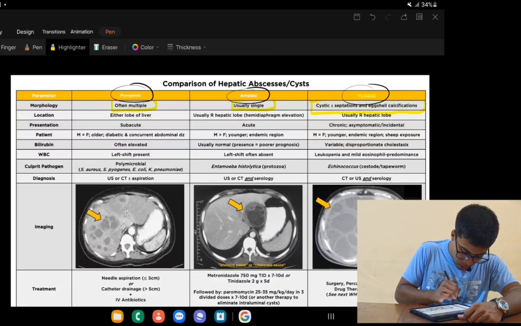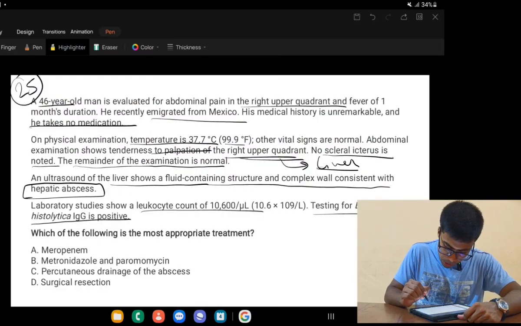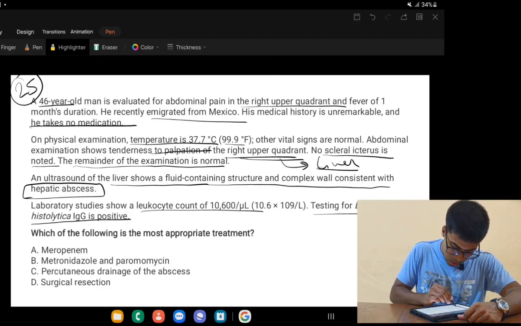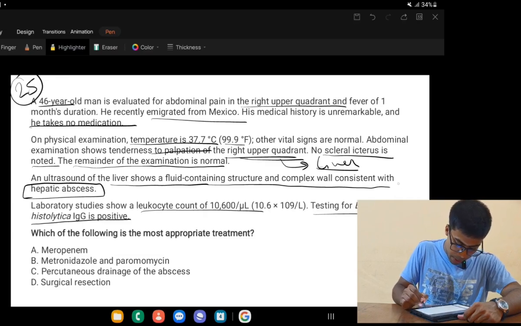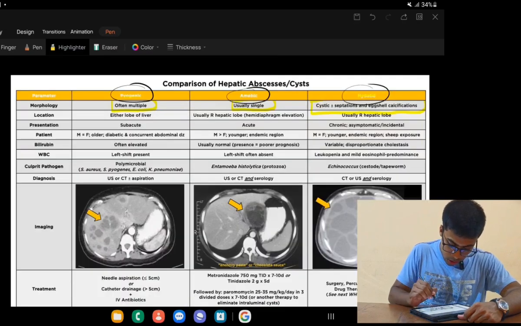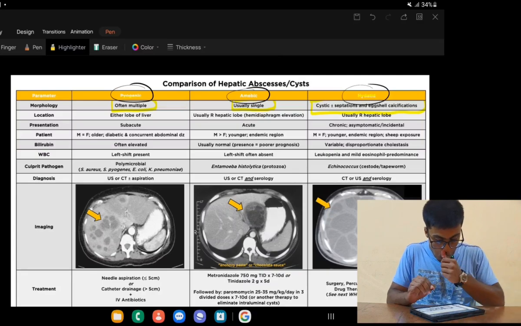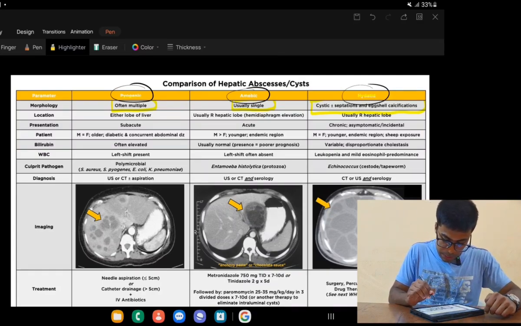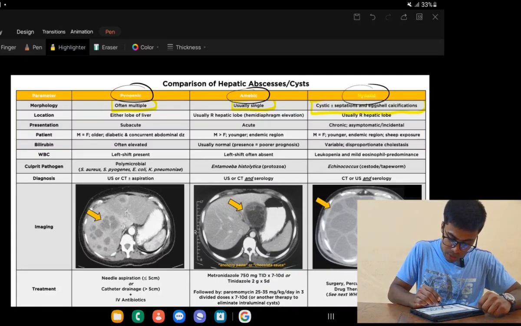So in our question, what is given? A fluid-containing structure with a complex wall, consistent with hepatic abscess. Hepatic abscess or cyst is completely given, and Entamoeba abscess is usually single.